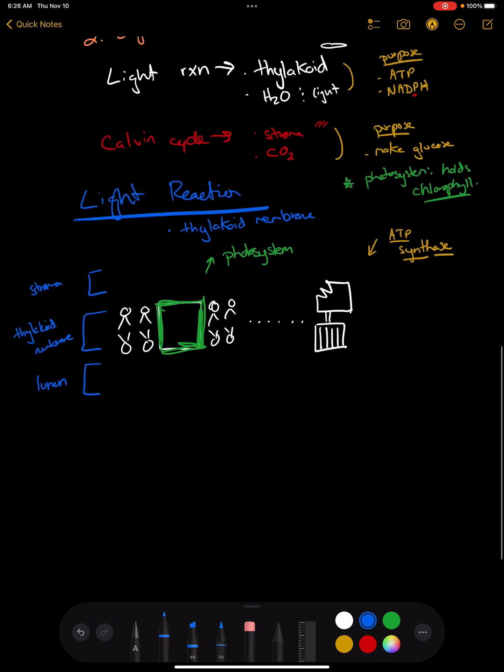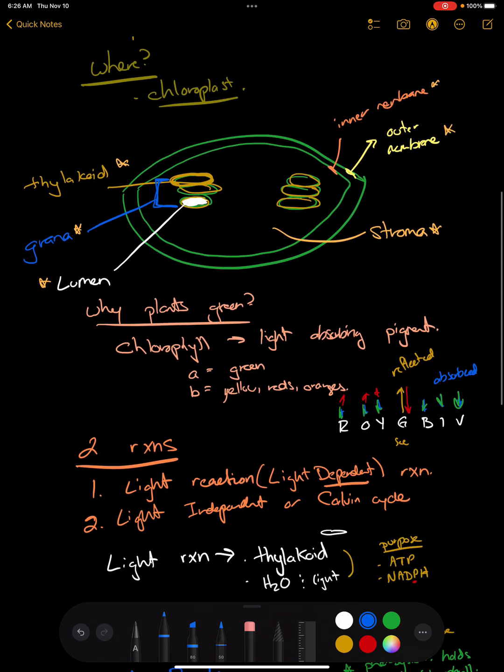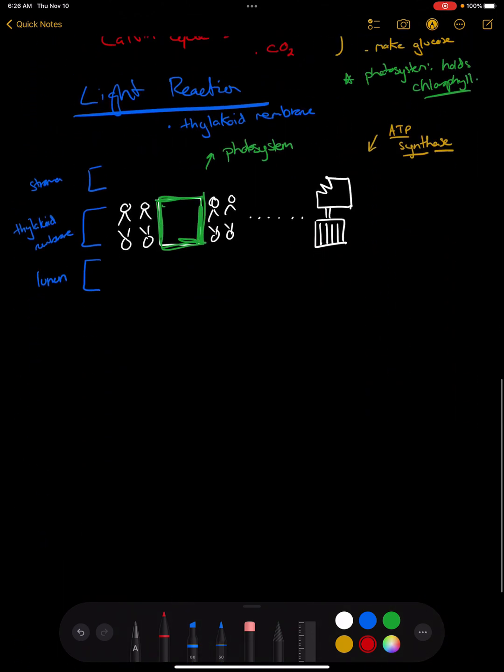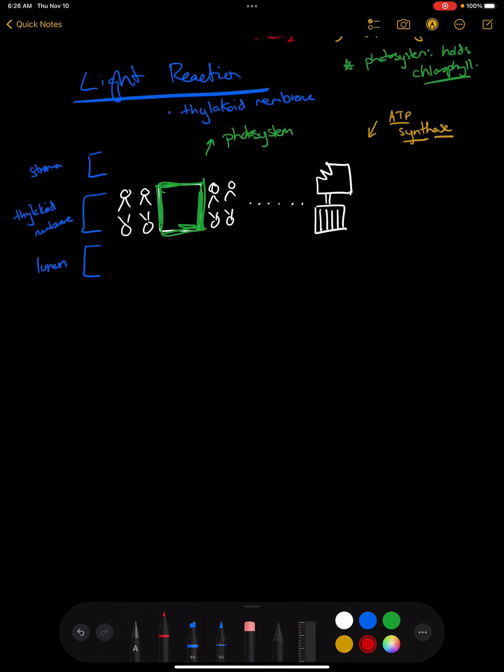So if we go back up to our picture, let's use it in red, like we're looking at this piece right here. So that yellow line, we can see the stuff on the outside, the white in the middle, and then the yellow line itself is the thylakoid. So we're just blowing it up a lot. All right, so let's start this reaction, okay?